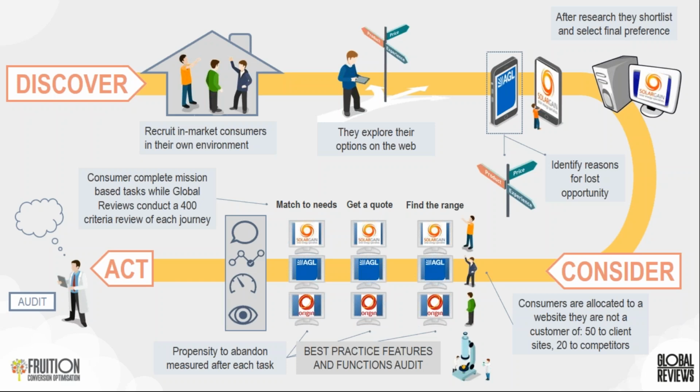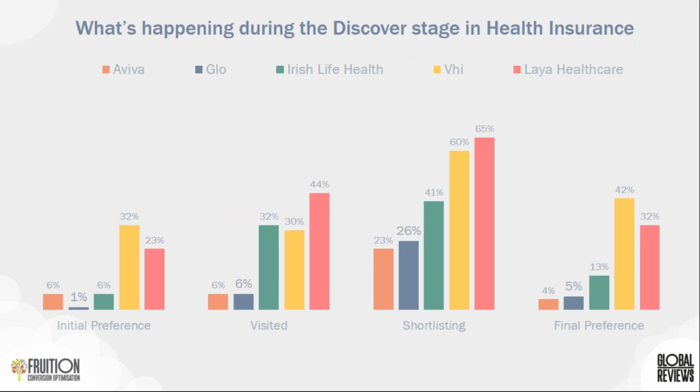So let's go through each of the stages of the discover stage. What's happening during the discover stage in health insurance is we've got four stages: initial preference, visited, shortlisting, and final preference. Initial preference is who they would choose as a health insurance provider before doing any research.